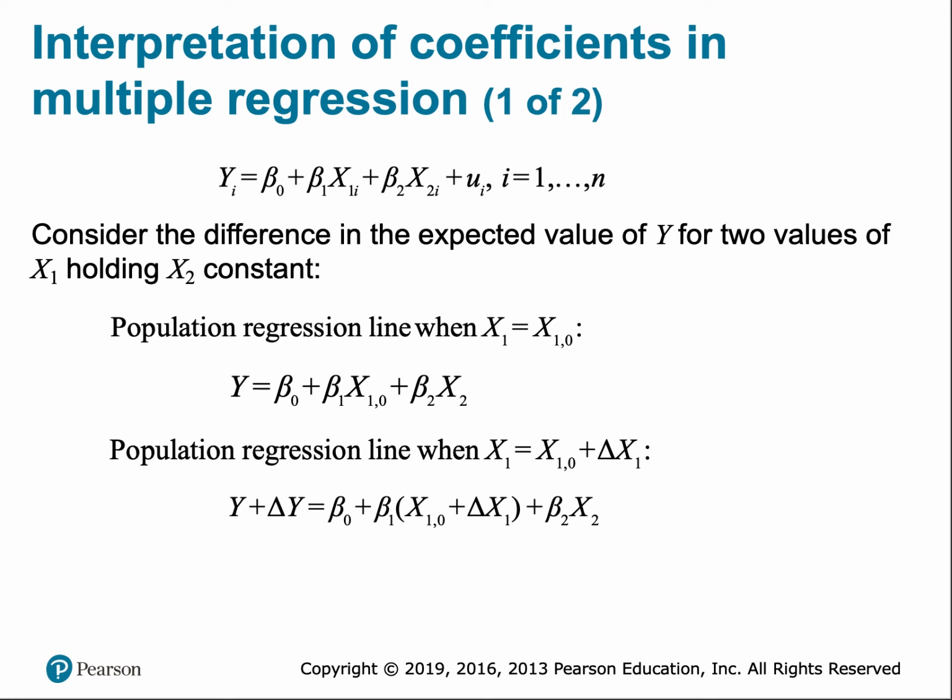So we still have equation 1, where yi is equal to beta naught plus beta 1 times x1i plus beta 2 times x2i plus ui for i equals 1 through n. And we're going to think about the interpretation of the coefficient beta 1.